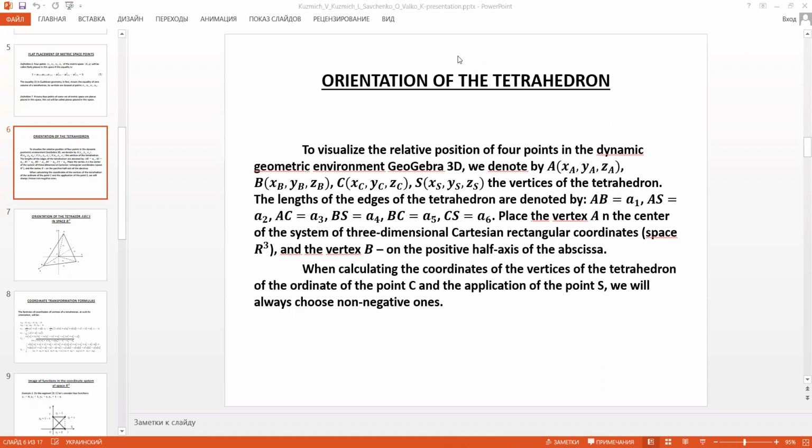We place vertex A in the center of the system of three-dimensional Cartesian rectangular coordinates space R3, and the vertex B on the positive half axis of the abscissa. When calculating the coordinates of the vertices of the tetrahedron, the ordinate of the point C and the applicate of the point S, we will always choose non-negative ones.